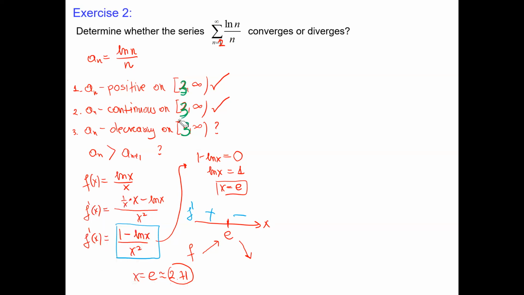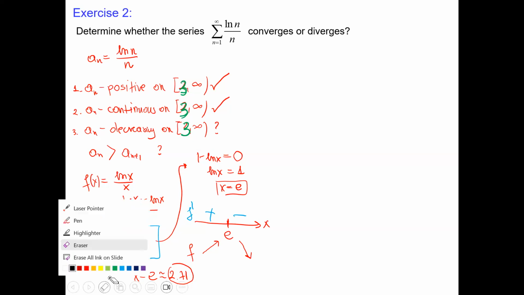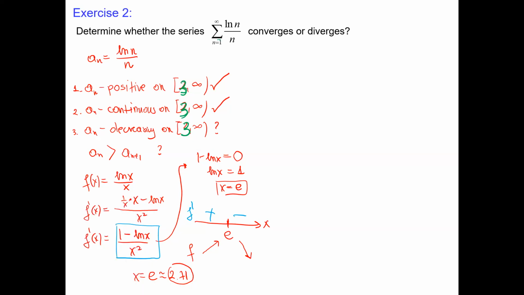You may sometimes see that formulas that involve natural log of n start from 3. Why? Because all of the conditions are satisfied after e, and the first integer after e is 3. Now we're good.